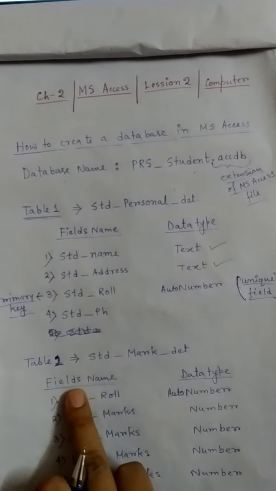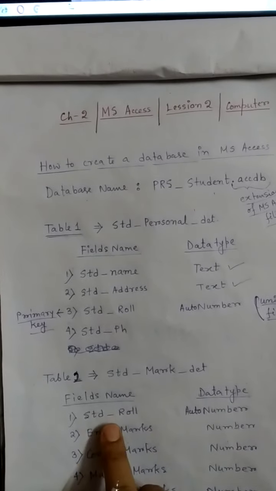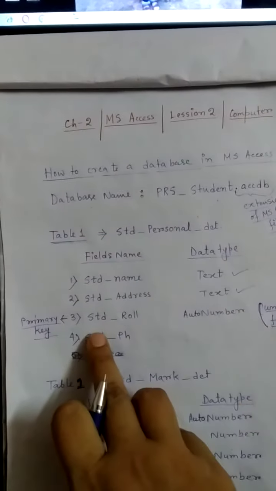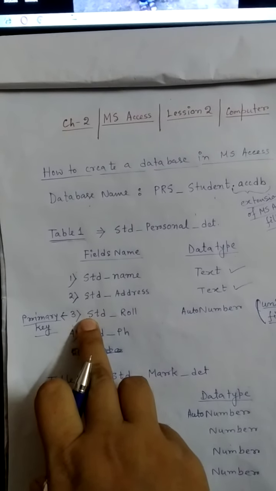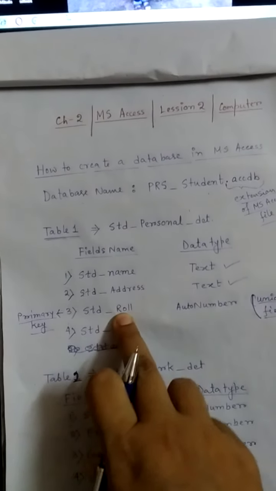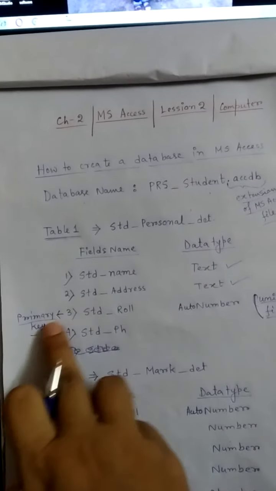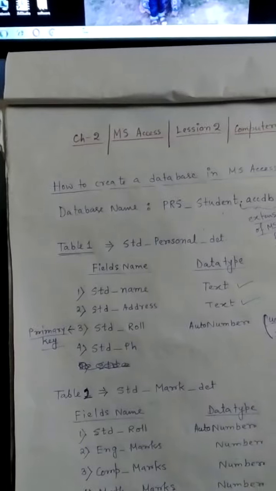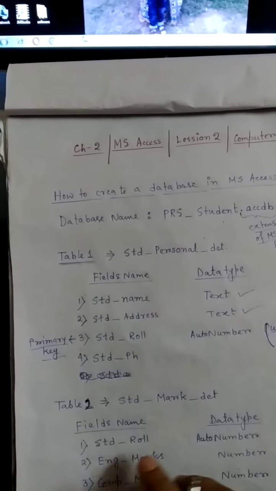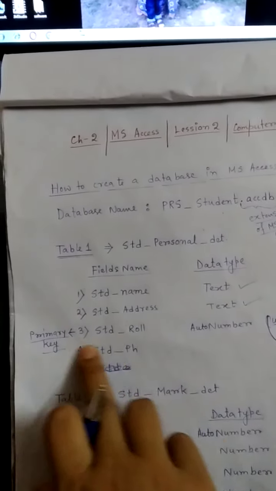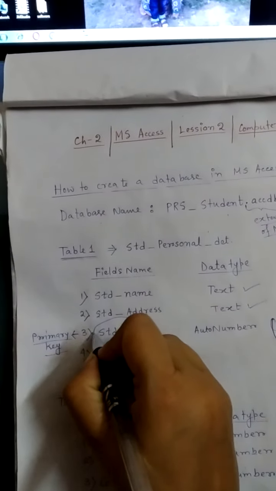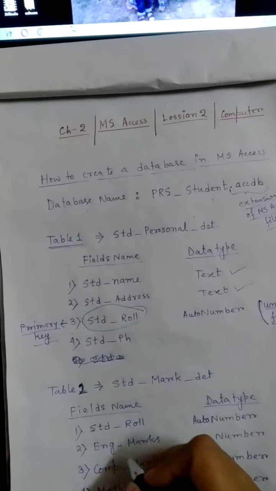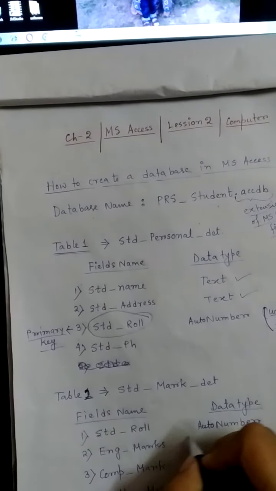Okay, so what are the fields? Say here in table 1 we give a field that is std underscore roll number. Okay, and this field is a primary key. Okay, so in the second table we also put the same field that is std underscore roll number, the same primary key field in the second table also.